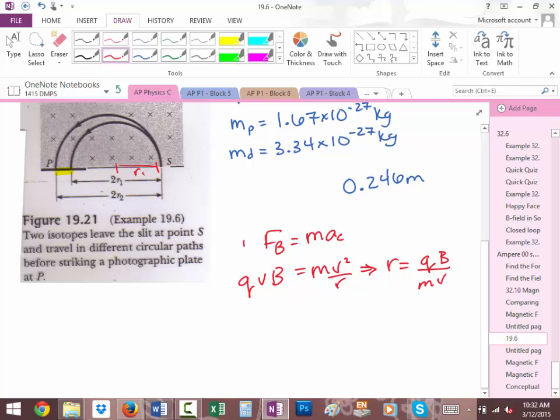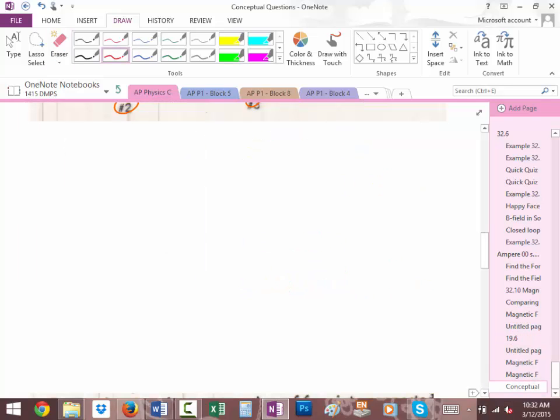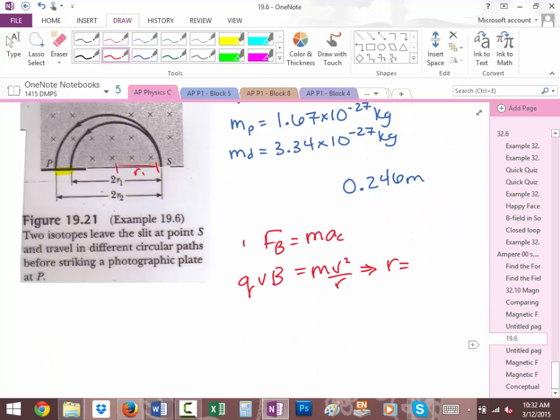Oh, reciprocal, one over that, sorry, I flipped it over. It should be mv over qB. So that's going to be 1.67 times 10 to the negative 27 times 1 times 10 to the 6th, divided by 1.6 times 10 to the negative 19 times 0.1.